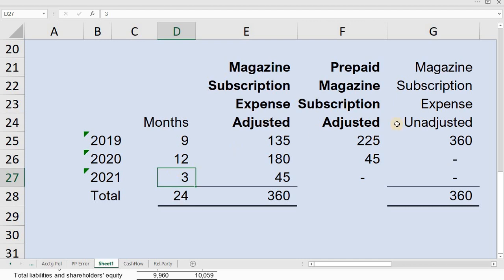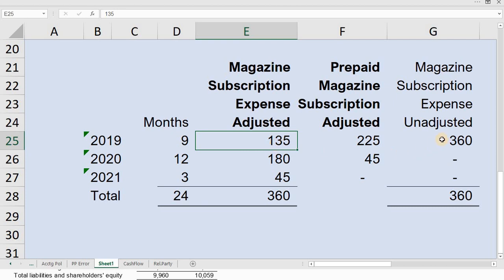So again, the entity recorded the 360 pesos expense in full in 2019, which is the year of payment. However, using accrual basis, of course, the expense that should have been recorded in 2019 is 135 pesos. That is 360 divided by 24 months multiplied by 9 months. So only 135 pesos should have been recorded as expense in 2019.